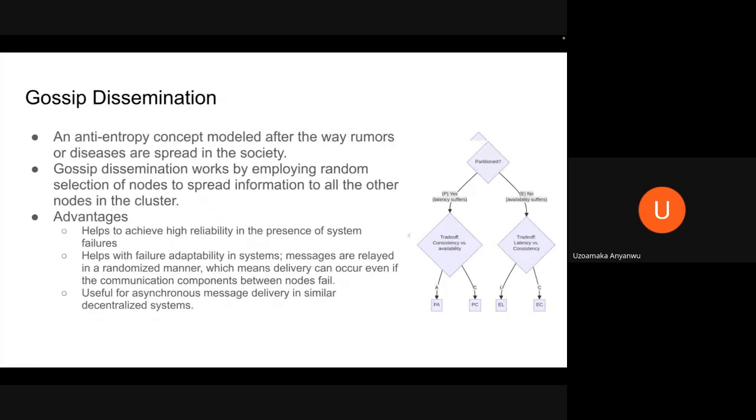So all processes start in a susceptible state before they get infected. Infective processes are processes that hold records that are supposed to be spread to the other nodes, while susceptible processes are processes that are yet to receive this data.